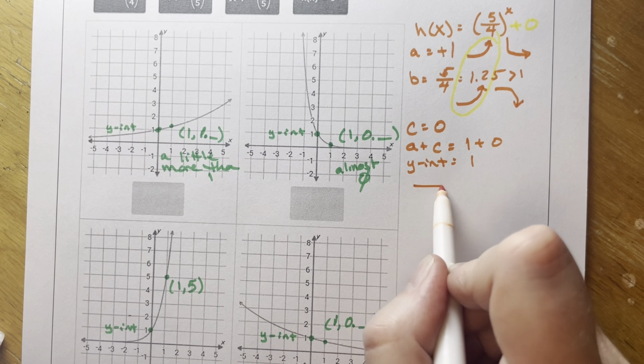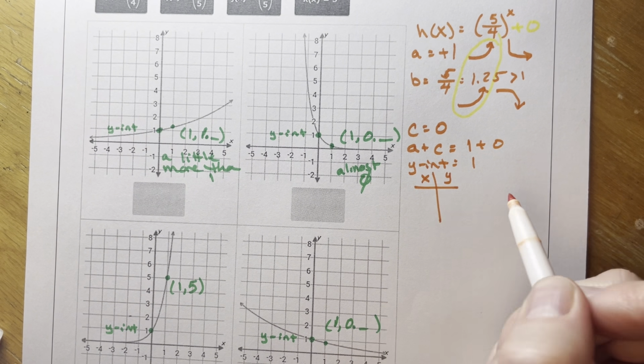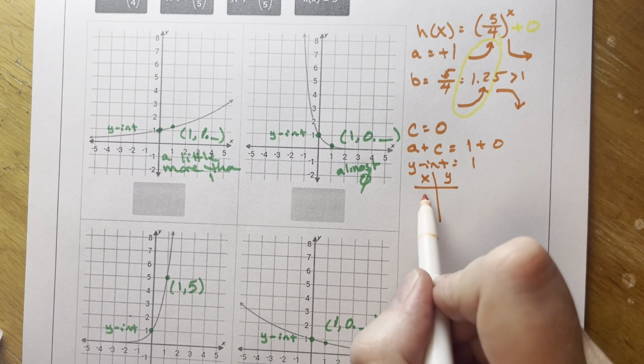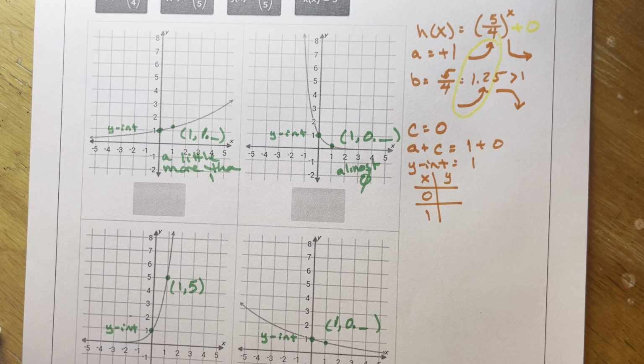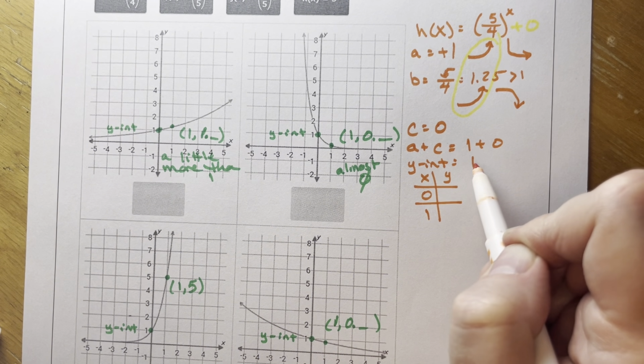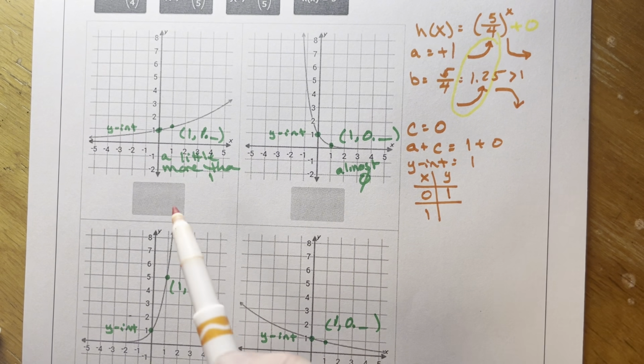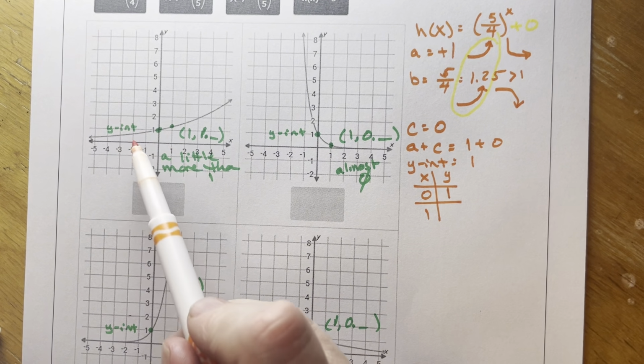Let's make our tiny table of x and y values. We have the y-intercept, and then we also have x at 1. So we found that our y-intercept is 1. So both of these two curves have a y-intercept at 1.